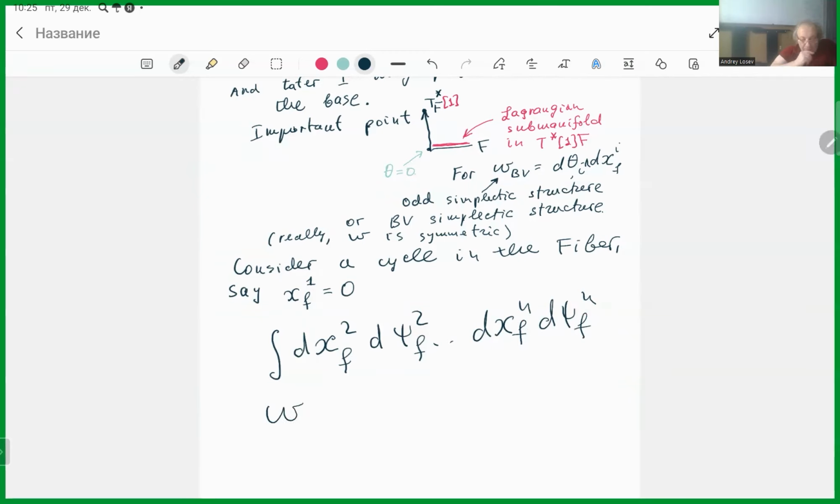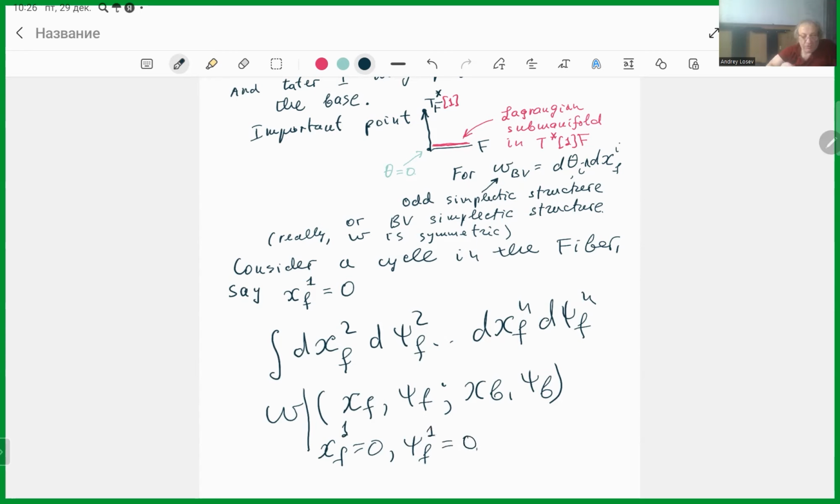And here I put omega of x fiber, psi fiber, where I clearly, of course, x base, psi base, and in this omega, I clearly put x fiber 1 equals to 0, and also psi fiber 1 equals to 0.